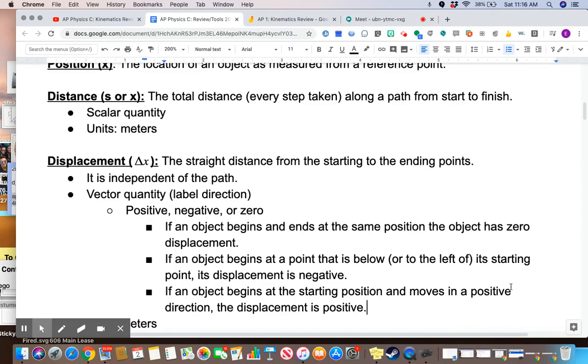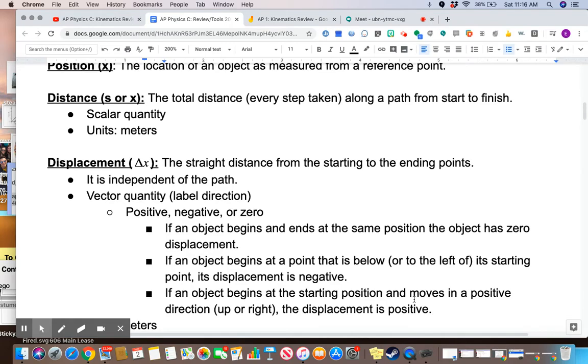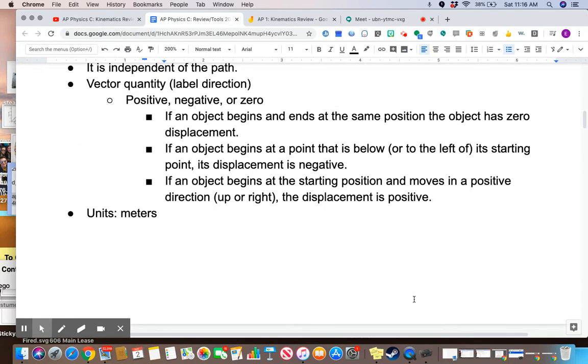So it can either move above the starting position or to the right, which we could also use north or east to label as well. And the units for displacement are meters.